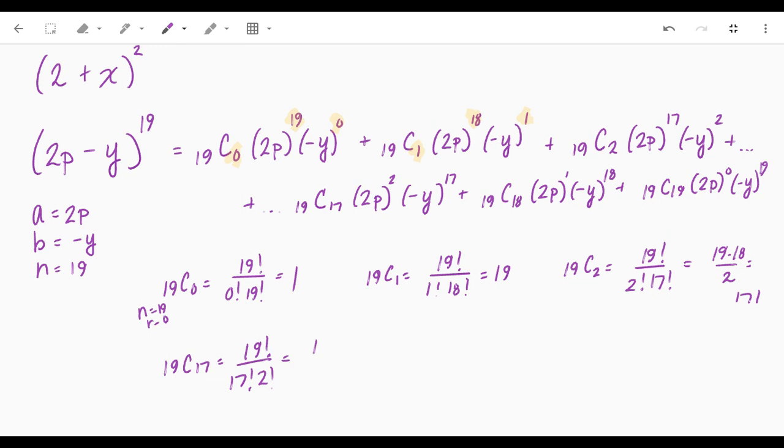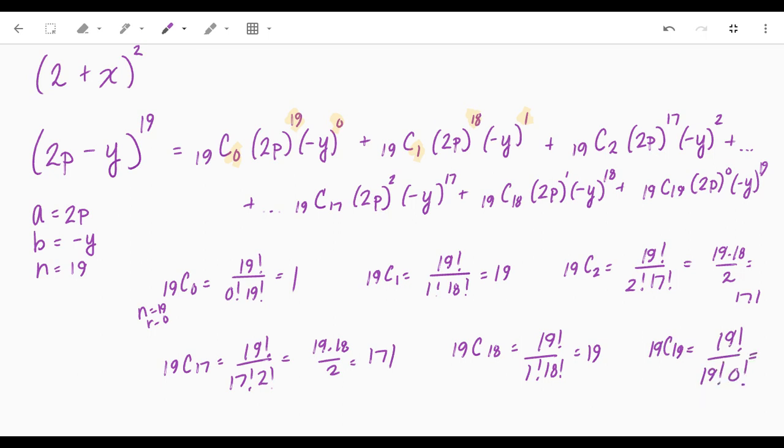So this would be, again, 19 times 18 over 2, which is 171. 19 choose 18 would be 19 factorial over 1 factorial times 18 factorial, which is 19. And then 19 choose 19 would be 19 factorial over 19 factorial times 0 factorial, which is 1. So once you get halfway, they repeat themselves.